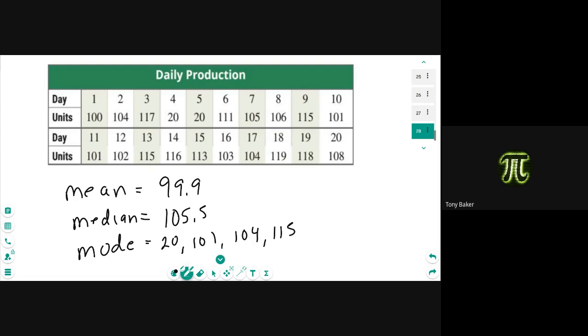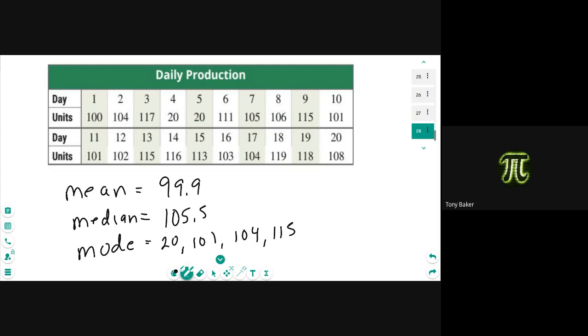All right. Which of those is a better representation of the data? Should we use median or mean to determine this person's productivity? Why? The middle number. Okay.